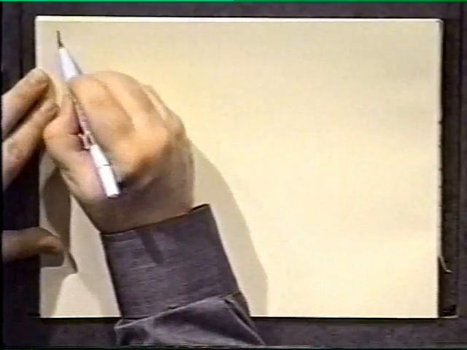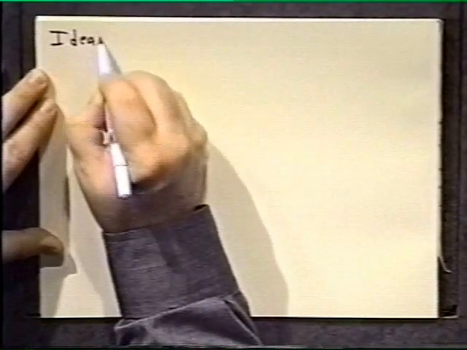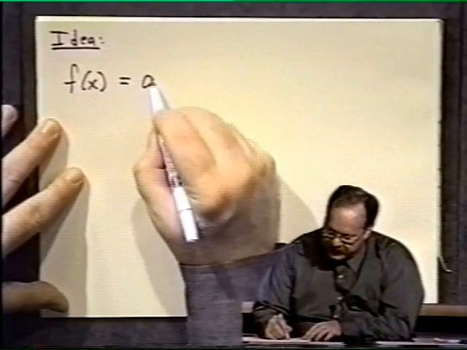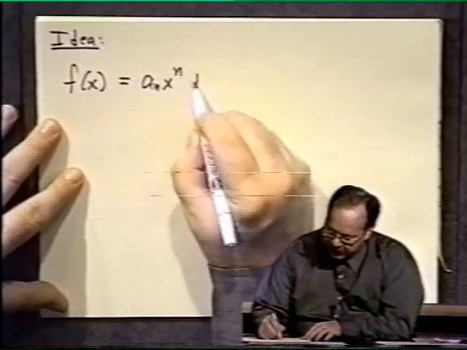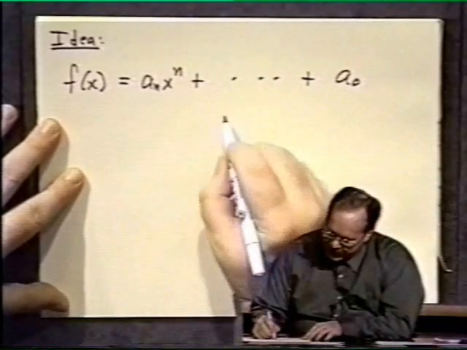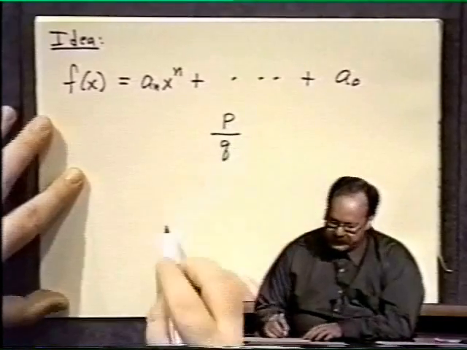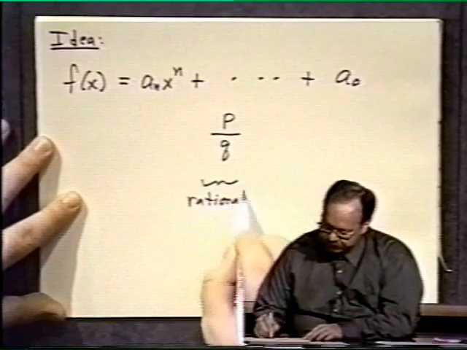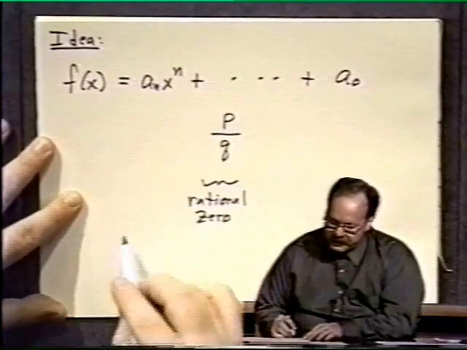All right, once again, here is the basic idea for looking for rational zeros if you want to do that. If this is your polynomial f of x equals a sub n x to the n plus dot dot dot plus a sub 0, and if you have p over q being a rational zero, then what must happen?